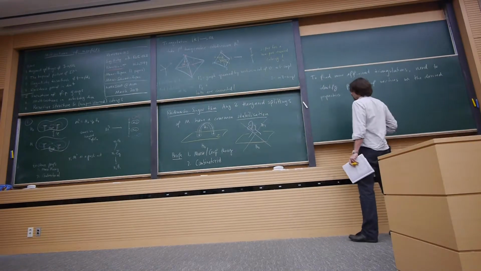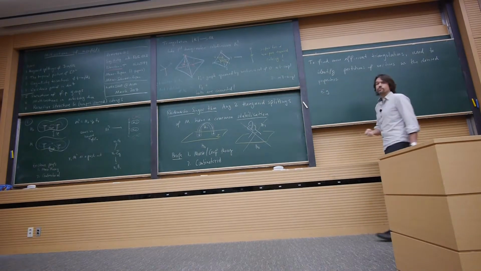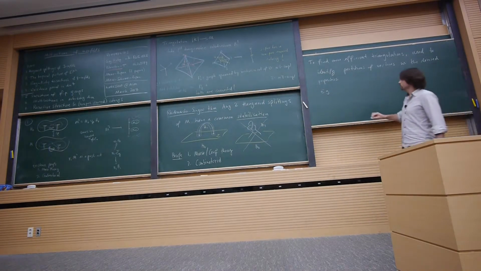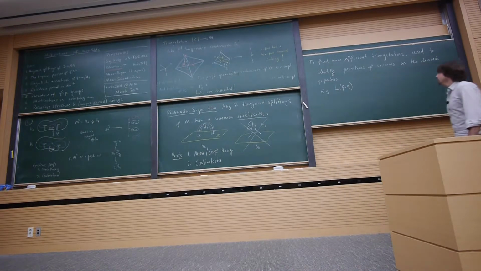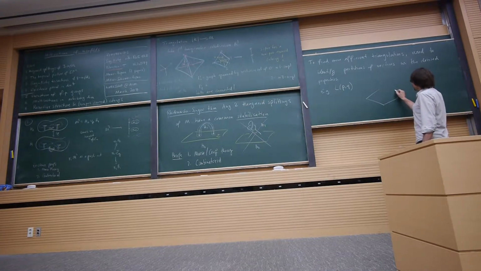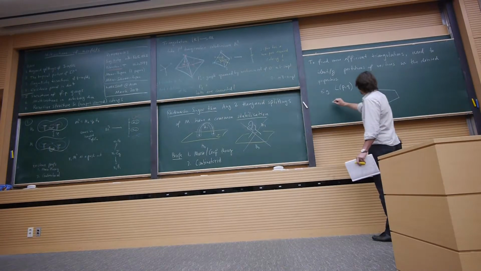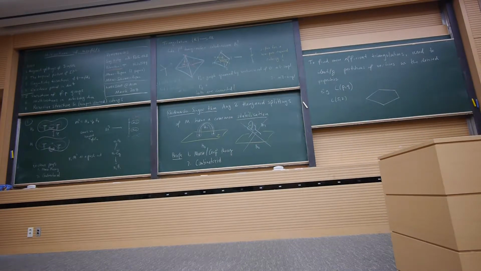As an example, think about the standard two-vertex triangulations of lens spaces. If you think about L(p,q), how do you get L(p,q)? Well, you take some kind of p-gon. Let's draw maybe L(5,2). You take a p-gon, you take the suspension of that.